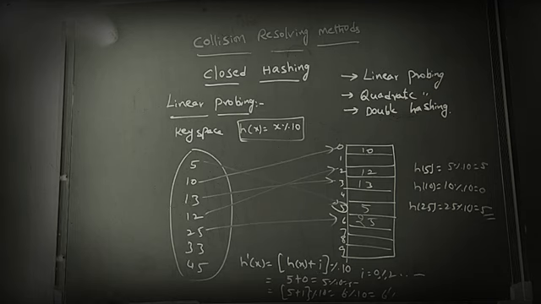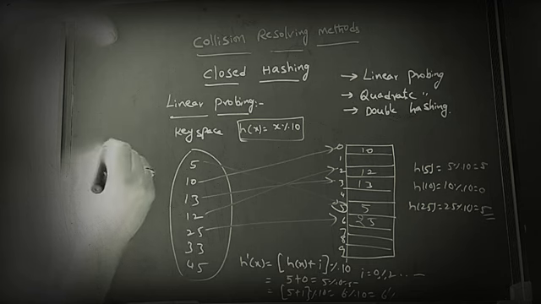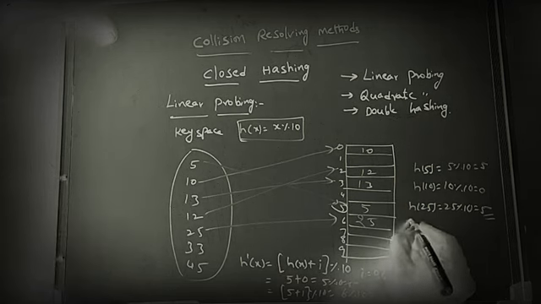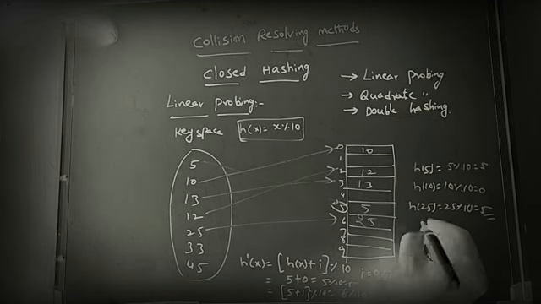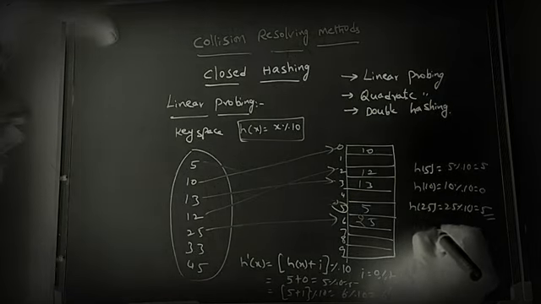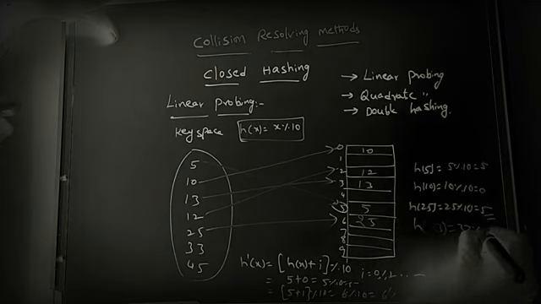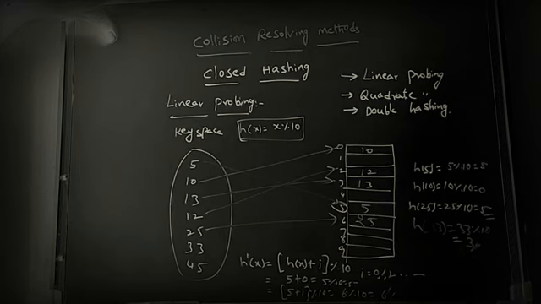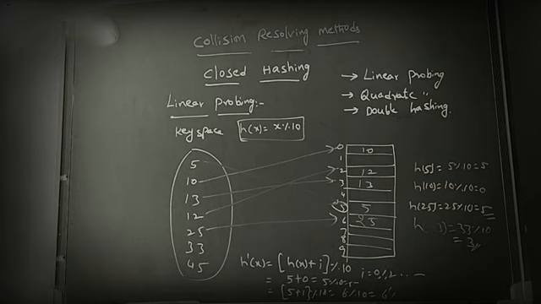Next 33. So I write here h(33) equal to 33 mod 10, remainder 3. Okay, 3 is the remainder. You can check that at index 3, 13 is already there, so where can I add?